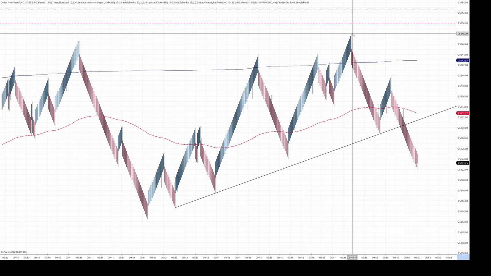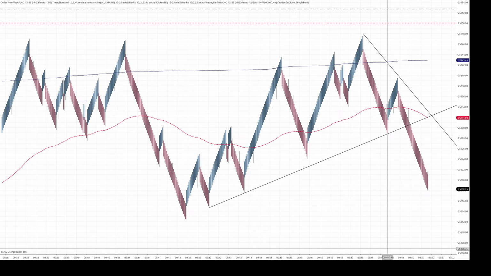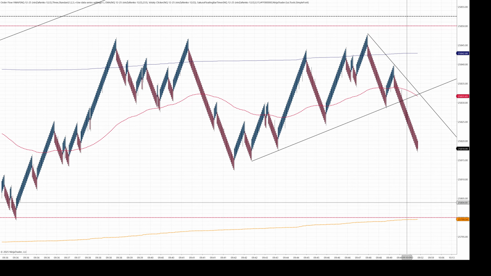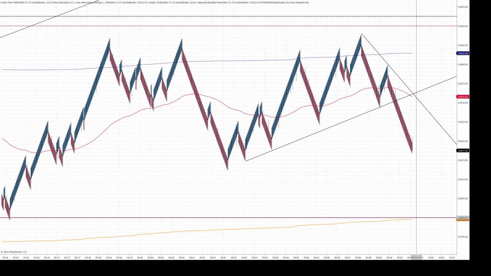So now we're going to draw a new trend line like this. And now we want to see where is price trying to go. And it might make its way all the way down to 800 and VWAP next.